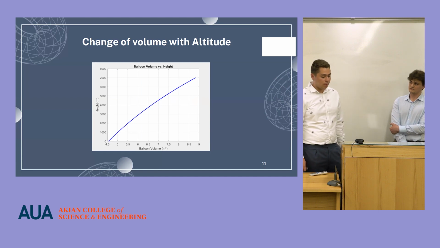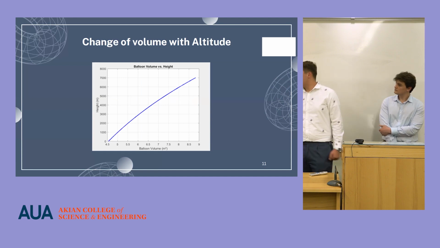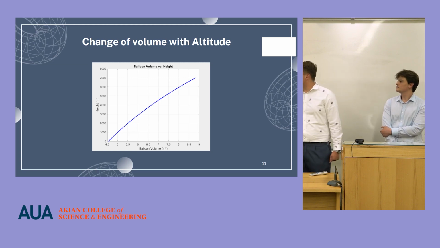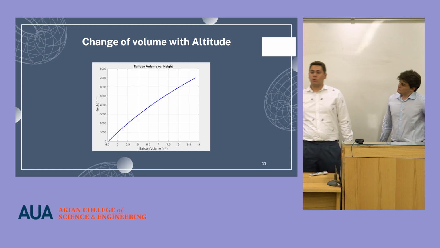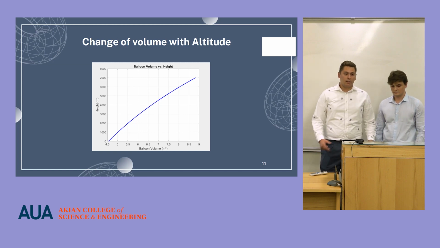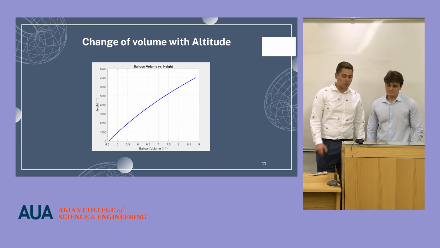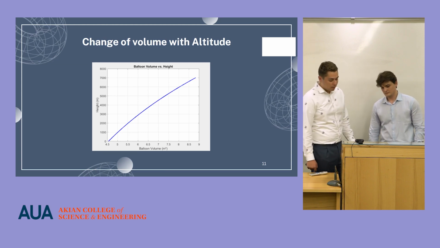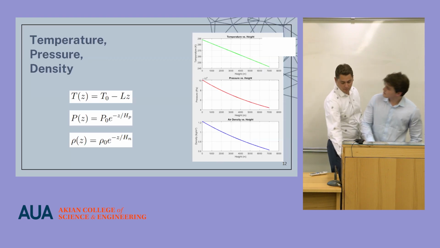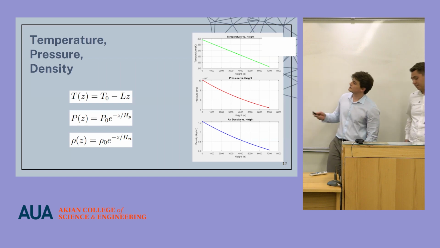When we first launched, it was about 4.5 cubic meters. But once it reached our desired 7 kilometers of altitude, the gases expanded in the balloon and we got around 9, double the size we started with. Other things that change with altitude are, of course, temperature, pressure, and density.